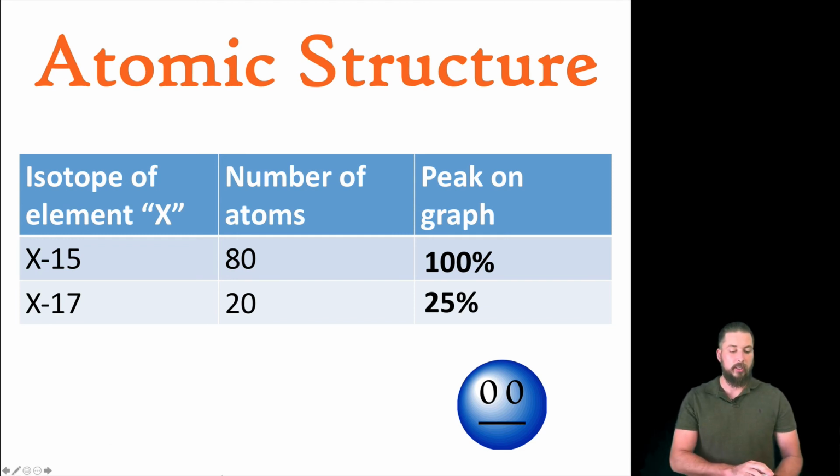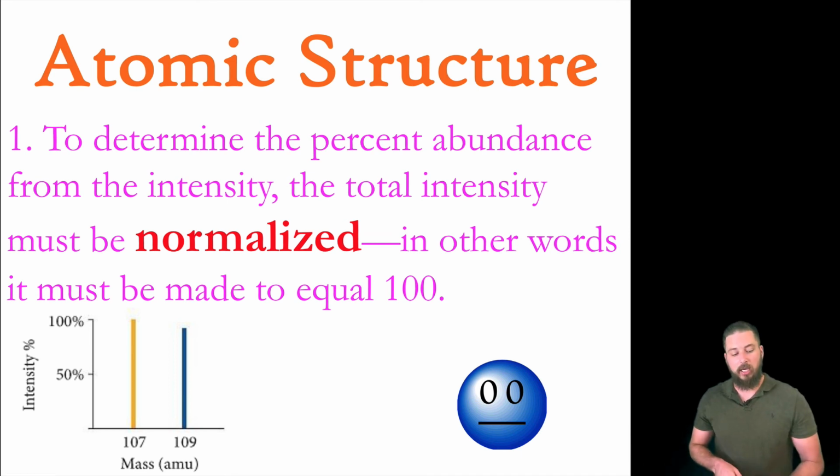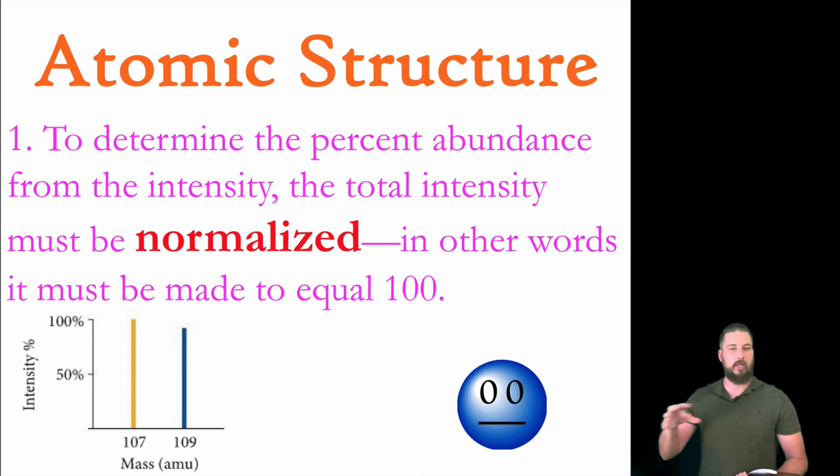And so what you then need to do when you have this mass spectrum is normalize it. In other words, when you see the intensity here, where for example the 107 is 100%, that doesn't mean that the percent abundance is 100%, because if you have a bunch of different isotopes, each isotope is going to have its own percentage, and all of those percentages have to add up to 100.